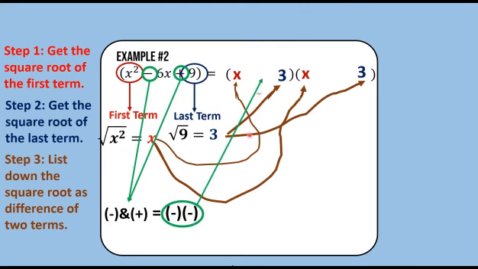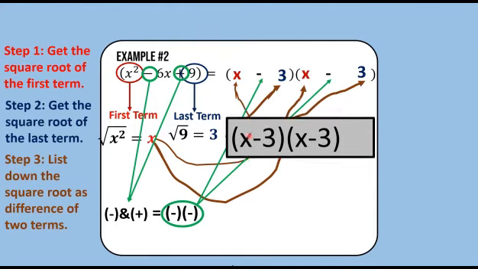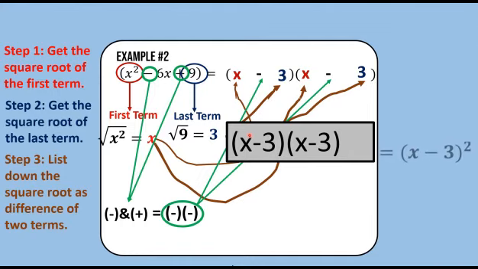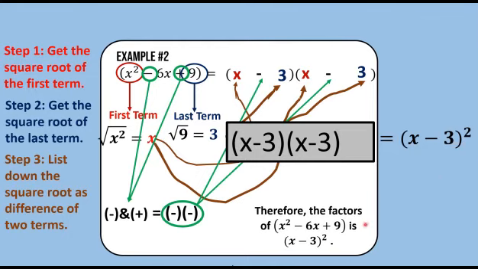So let's distribute negative here and negative on this side. Therefore, the factors of x squared minus 6x plus 9 is the quantity of x minus 3 multiplied by the quantity of x minus 3. Or, in simplified form, that becomes the quantity of x minus 3 squared. So therefore, the factors of x squared minus 6x plus 9 is the quantity of x minus 3 squared.